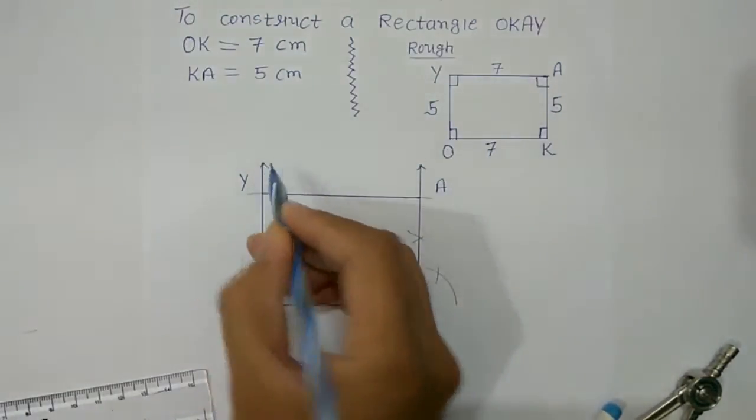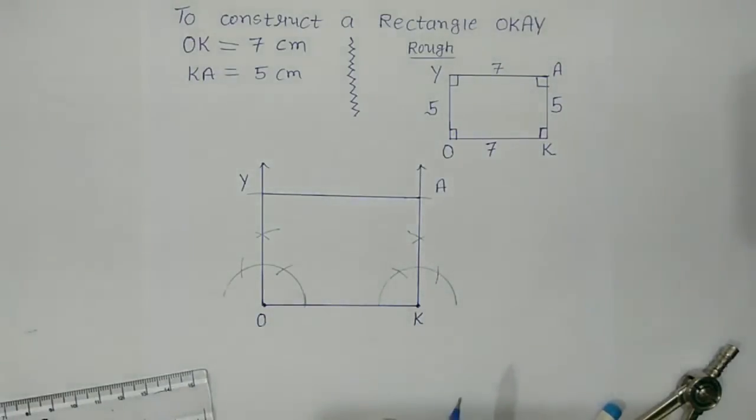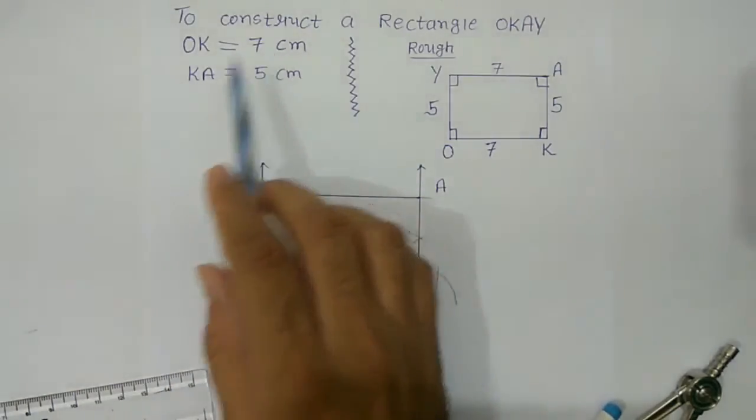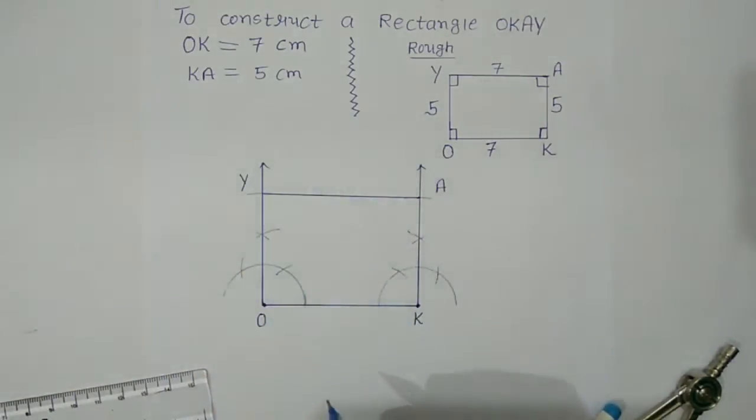Okay, so here we have constructed a rectangle OKAY in which only 2 sides OK and KA are given, right?